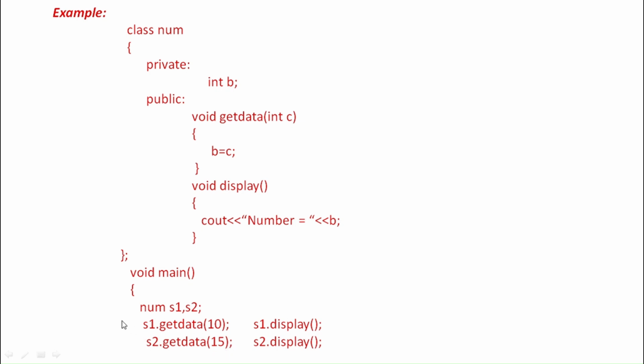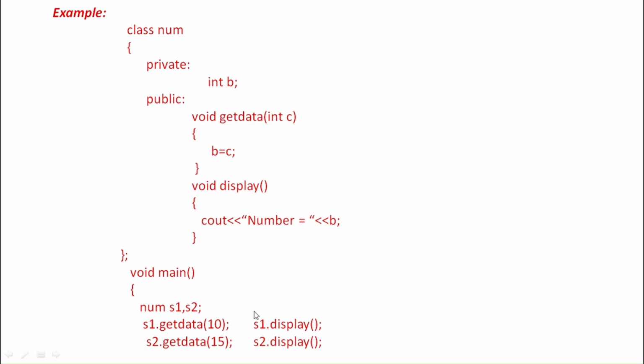But guys, in between you may ask me a question: as 10 is already stored in b, how can we again store 15 in that b? How is that possible? It's completely wrong what you are thinking, because for as many objects as we create, that many copies of the data variables will be created.